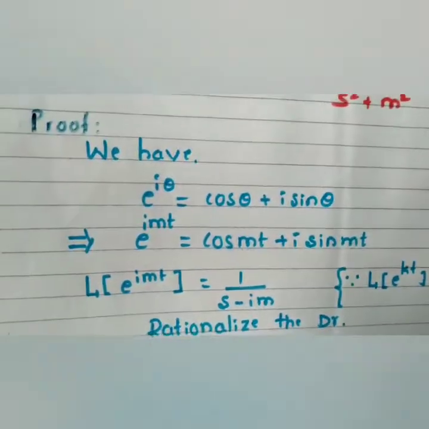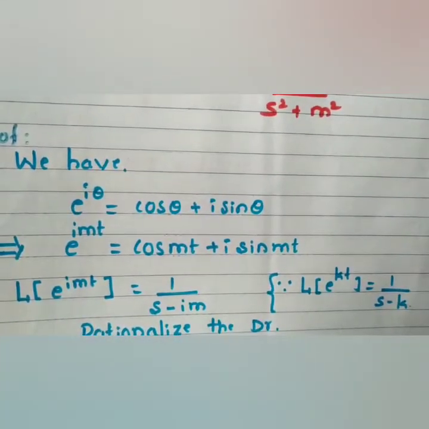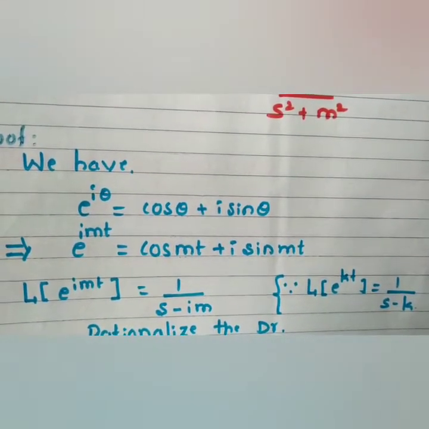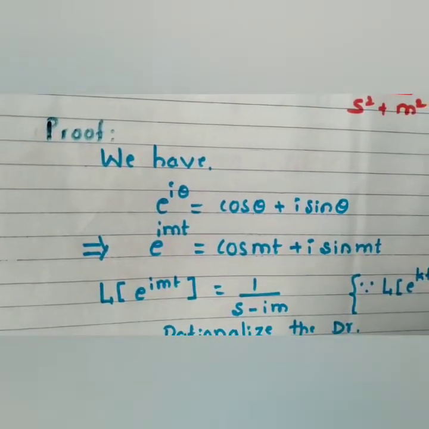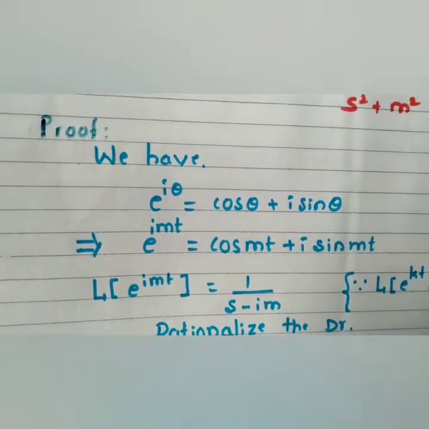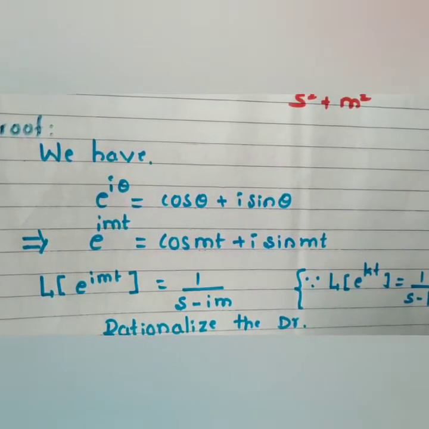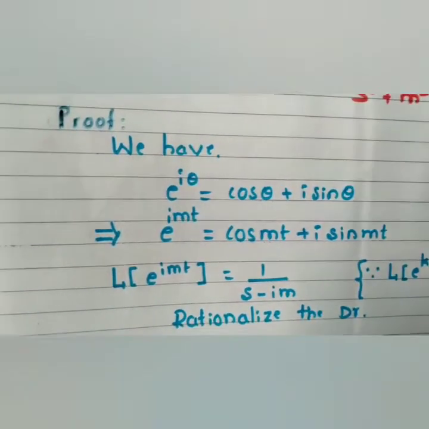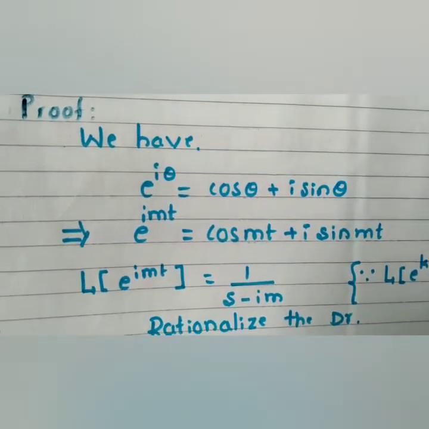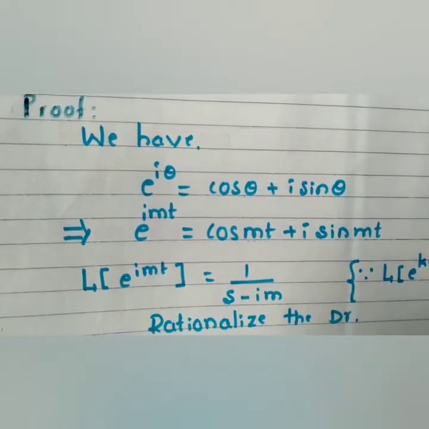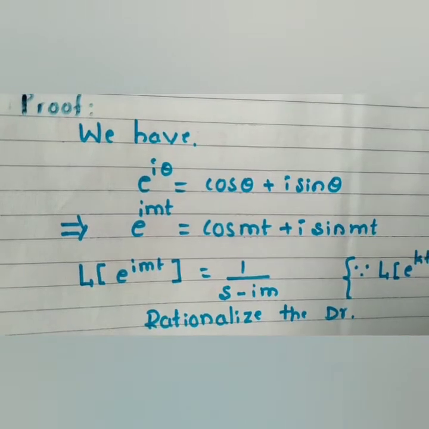Here k is replaced by im. Therefore, L of e raised to i mt is 1 by s minus im. It is clear: k can be replaced by im, so 1 by s minus k becomes 1 by s minus im.